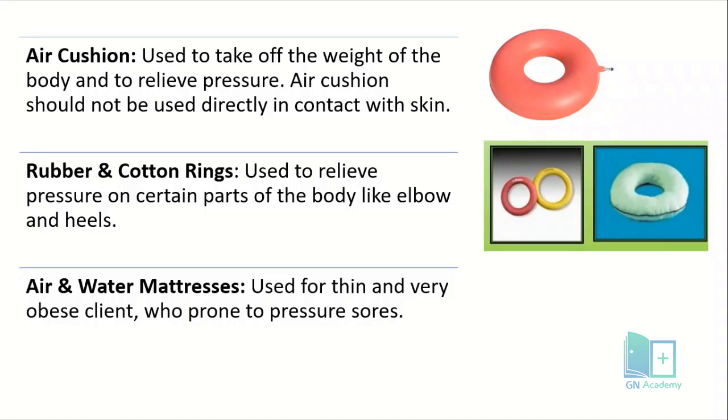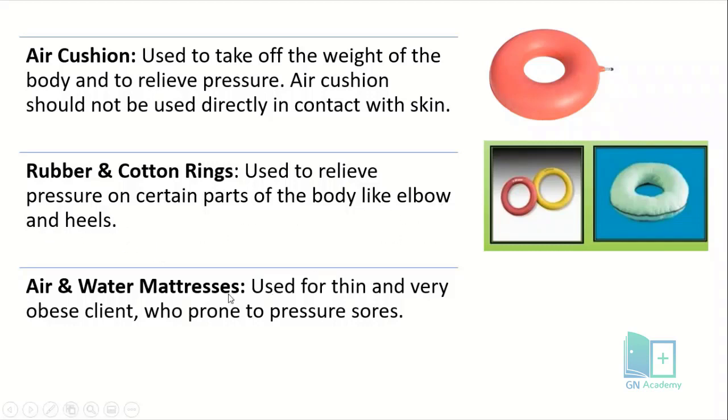As you know, a prominence means where the bone projects out. These bony prominences can be covered by rubber or cotton rings, in areas like the elbows, heels and ankles. The ankle is also one of the projected areas, so in such projected areas we should use the rubber and cotton ring comfort device.